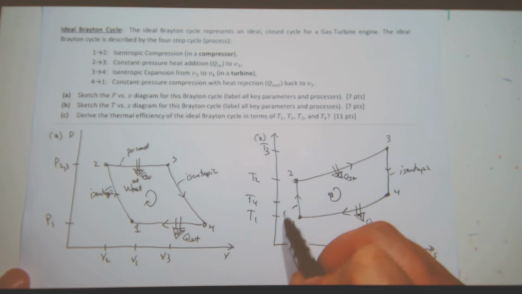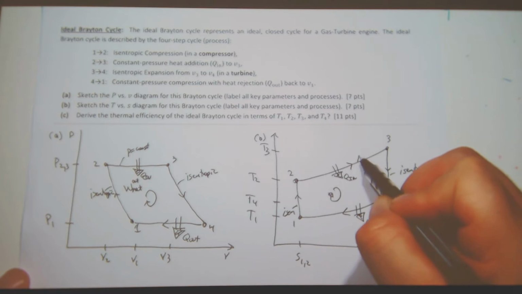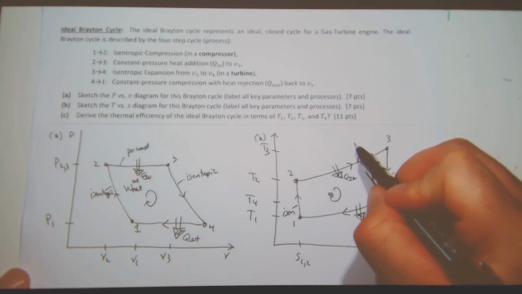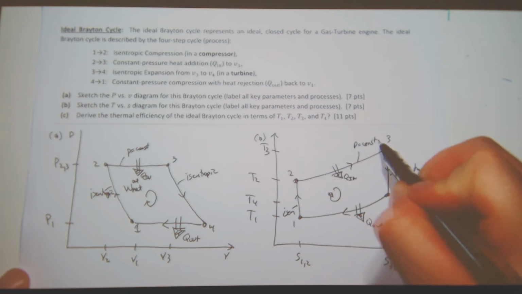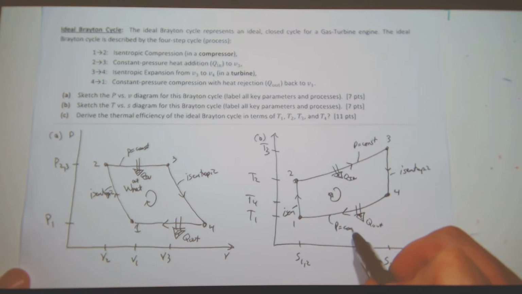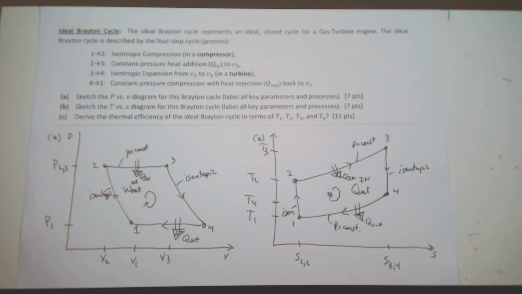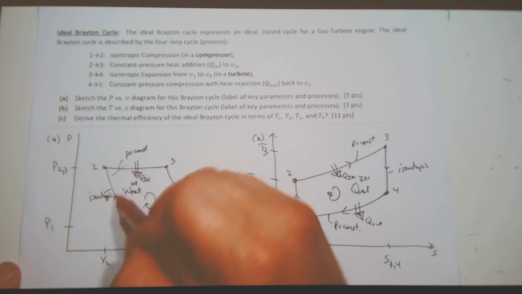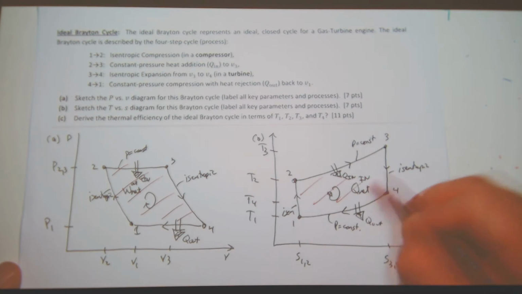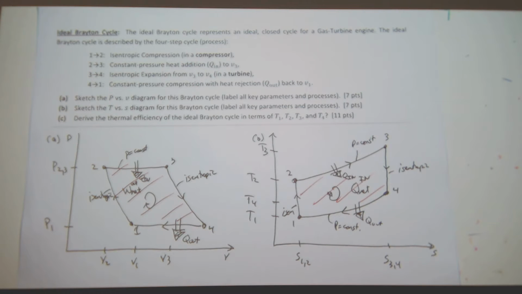So isentropic, constant pressure. Okay. So these were the diagrams. Any questions? No?